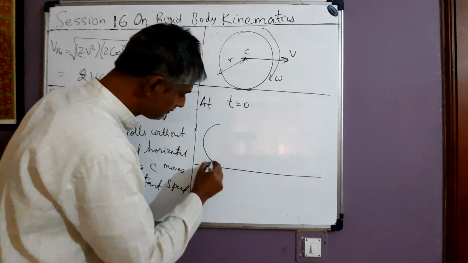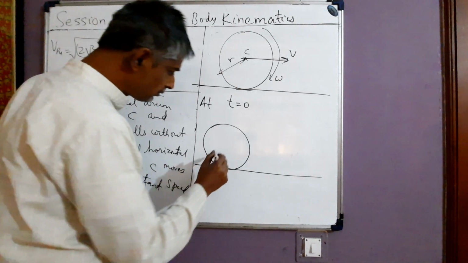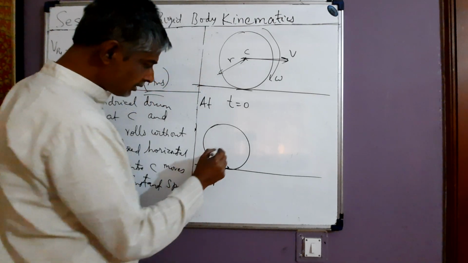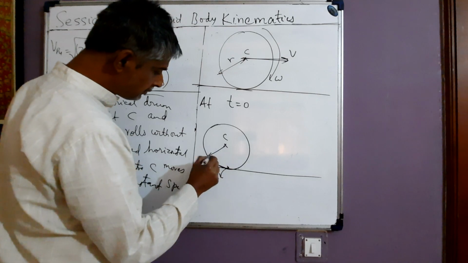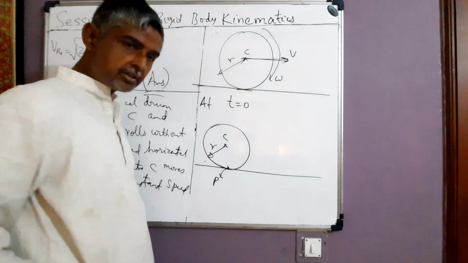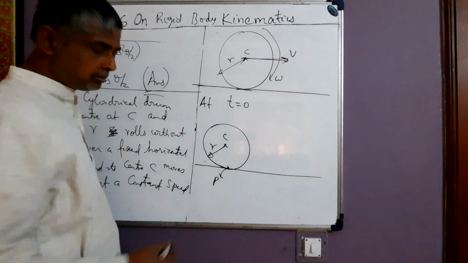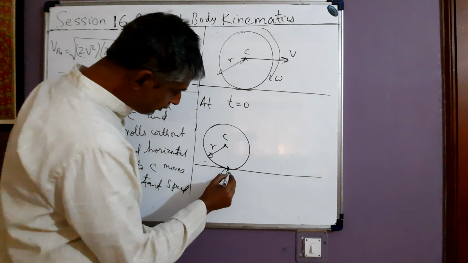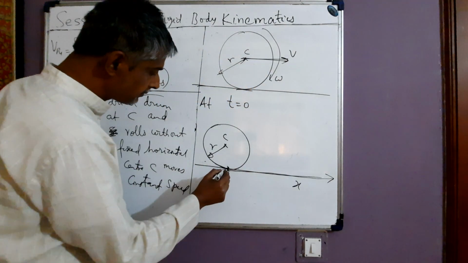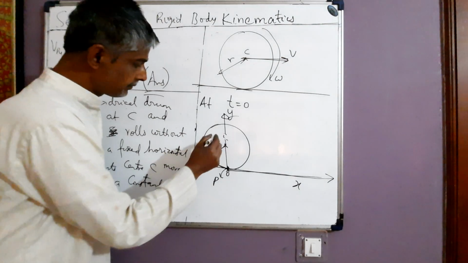This is the drum at time 0. This is the lowest point of the drum, point P. This is the center C of the drum. R is the radius of the drum. P is the lowest point of the drum in contact with the ground at time 0. This is the origin of the coordinate system fixed to the ground surface. X-axis is rightward. Y-axis is vertically upward.